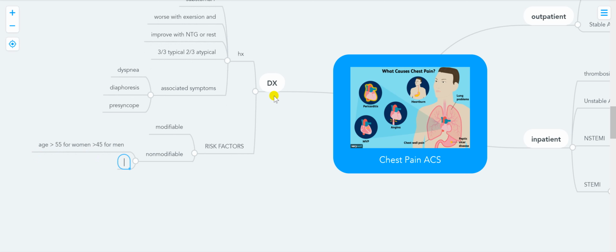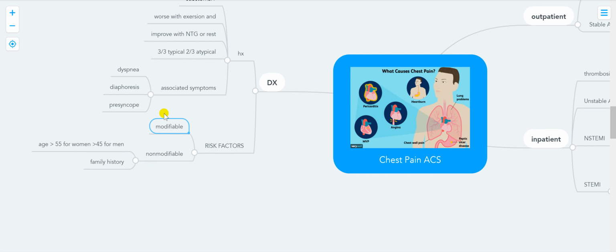Family history too: if one of your relatives died before 50, that's when it's positive. But if he died at 60 because of a heart attack, it's not positive. And genetics. So these are the non-modifiable.